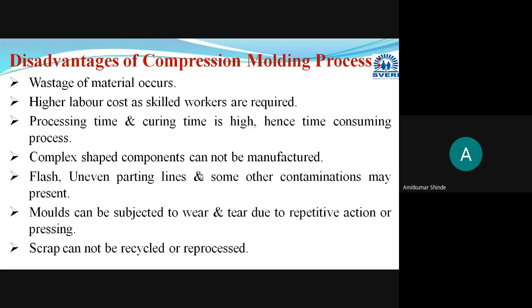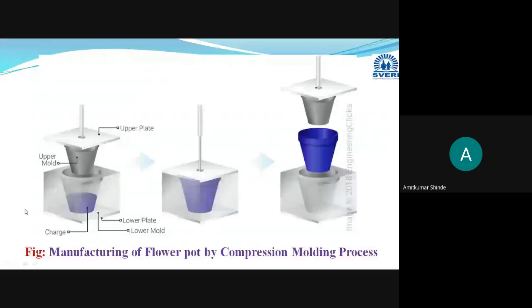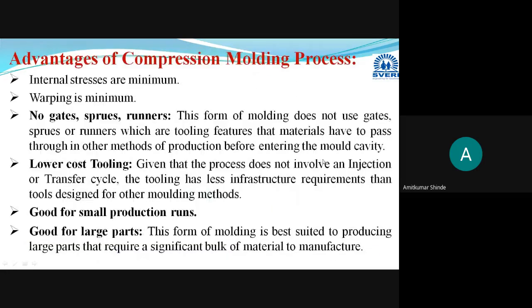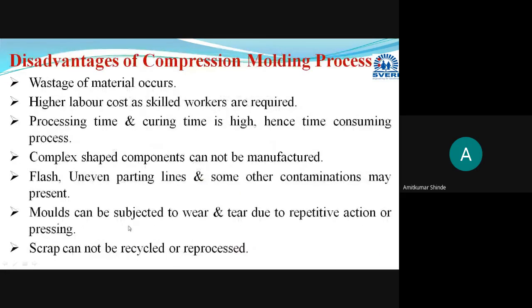Okay, then, as we are performing the pressing operation here, between the upper half of the mold and the lower half, due to wear and tear, loss of material may occur. That is another disadvantage. Loss of material means the mold can be subjected to wear and tear due to repetitive pressing.